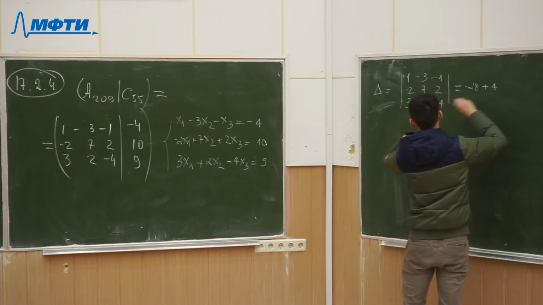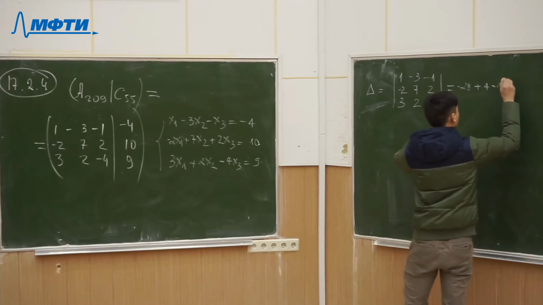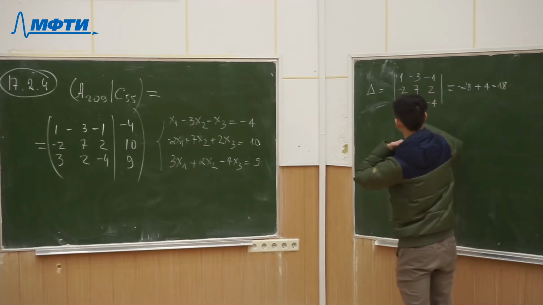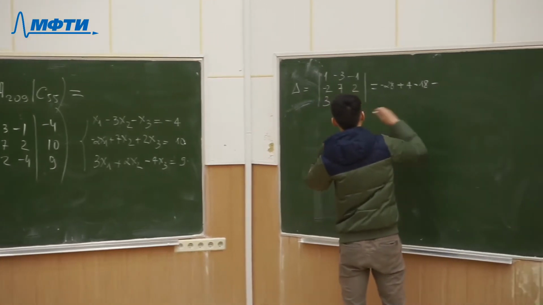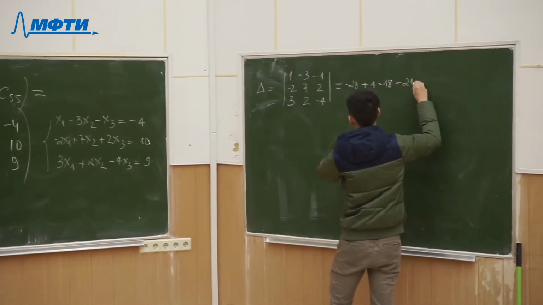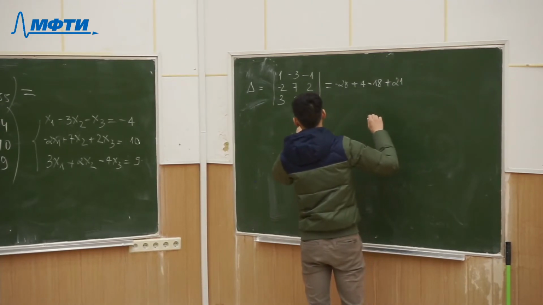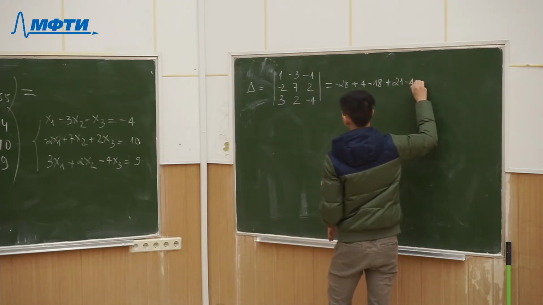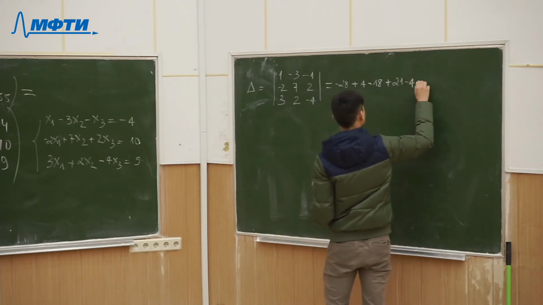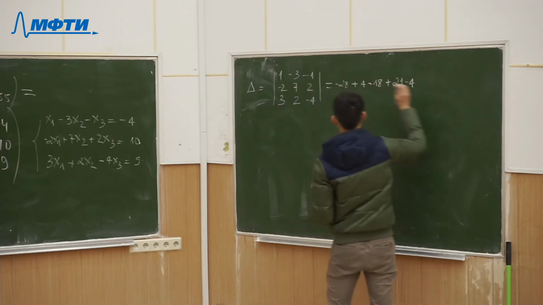So minus 28, yes, plus 4 minus, yes, 18 minus, plus 20 plus 21, yes, minus 4 and plus 24.